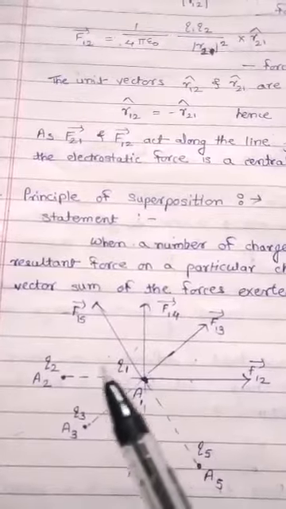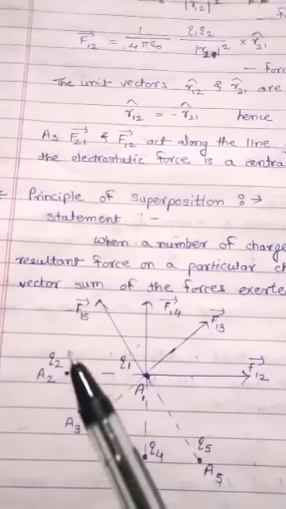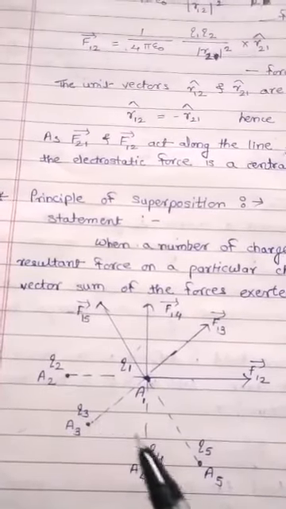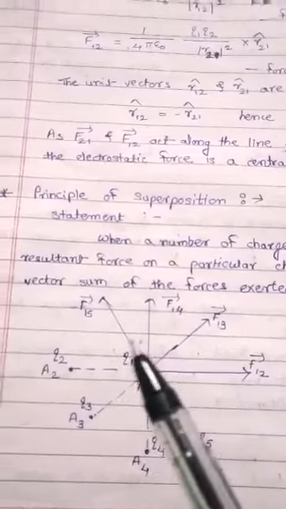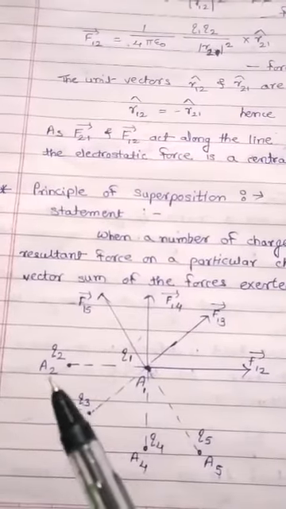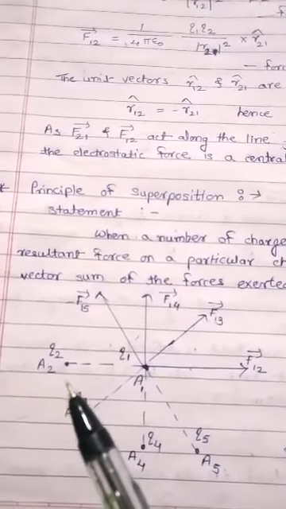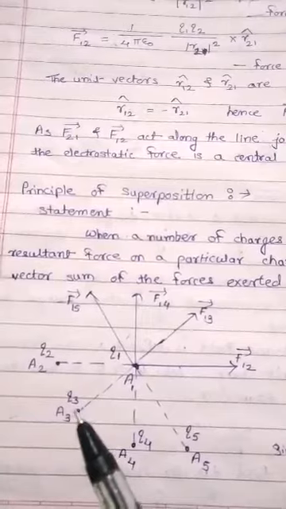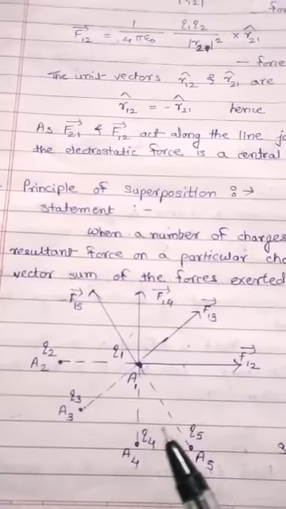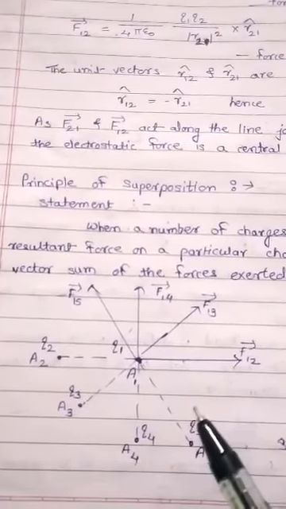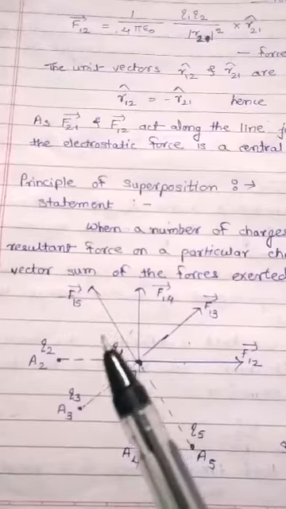That means we add the forces of this number of charges, and then we get the resultant.